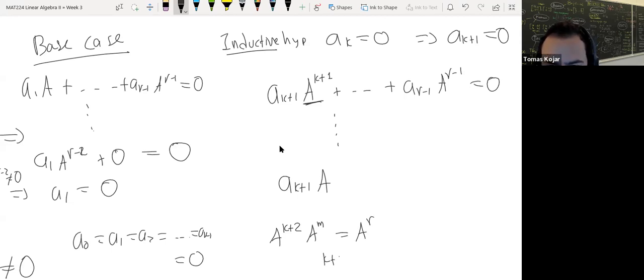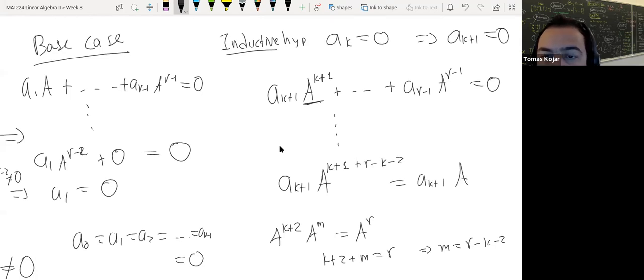So k plus 2 plus M needs to equal r. So M is equal to r minus k minus 2. So I have k plus 1, and then I get plus r minus k minus 2. The k's cancel out. Yeah, I always get r minus 1. I'm sorry.